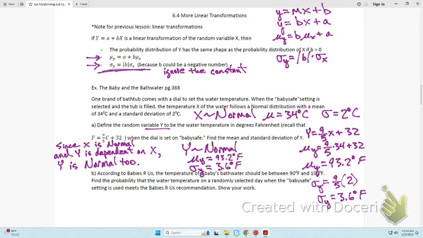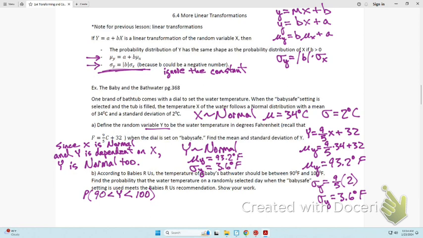All right. So part B, Babies R Us makes this claim that bathwater should be between 90 and 100 for babies. There's the baby safe setting on the bathtub, so we want to see what is the probability that baby safe falls within the recommendation 90 to 100. Long story short, we want the probability of the temperature being between 90 and 100 degrees Fahrenheit.